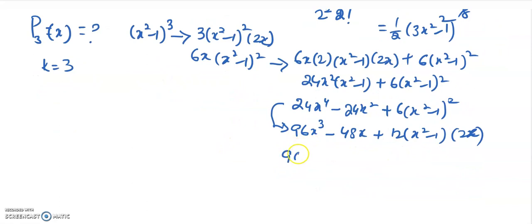So it will be 96x cubed minus 48x plus 12 times 2, which is 24x cubed, and then 24x minus 24x.